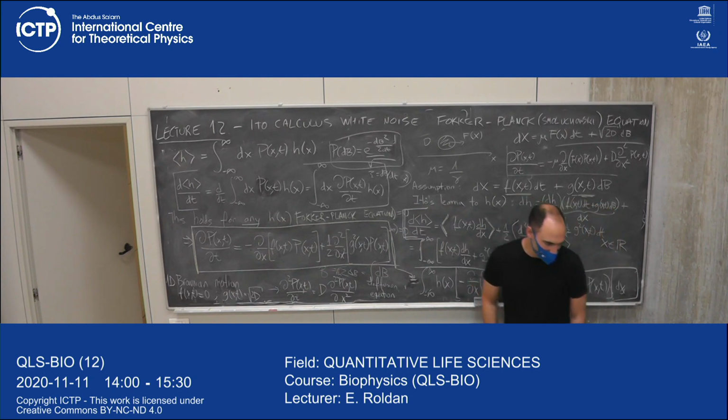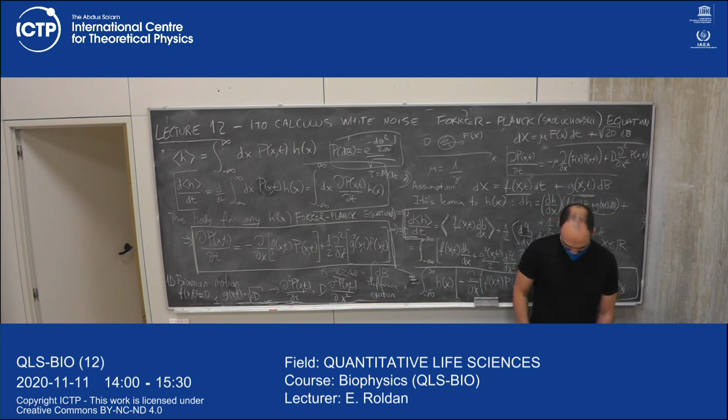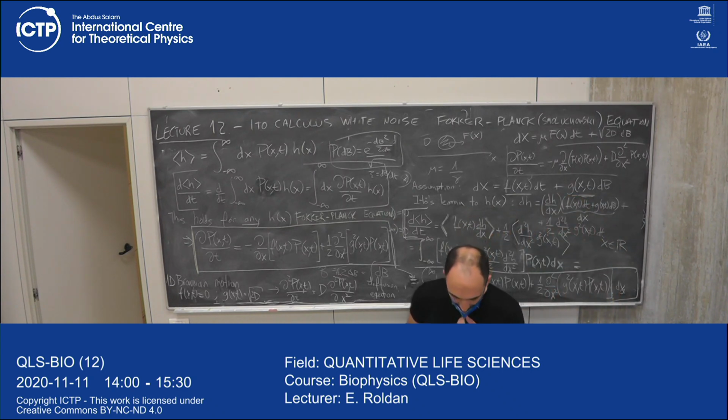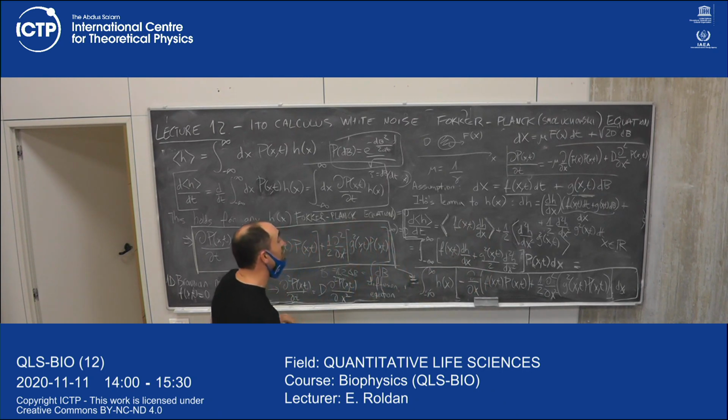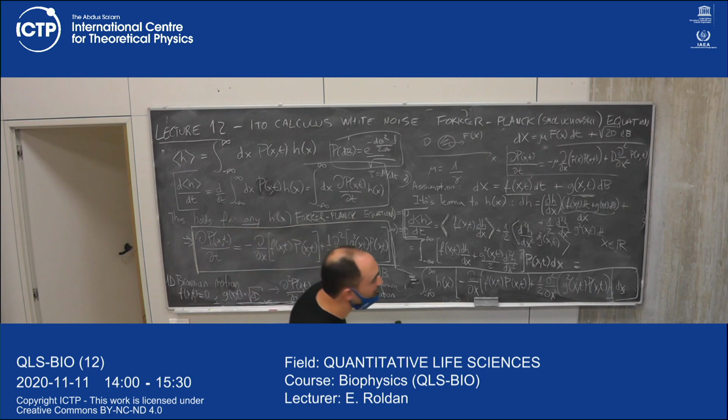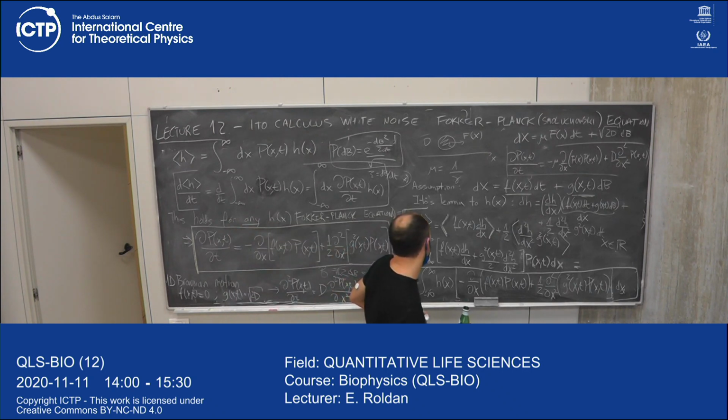I have a question. For h, are there any assumptions for the function h? Well, no. In reality, it's a real function. It doesn't have singularities, so it doesn't have infinities. So whenever p goes to 0, h is finite.